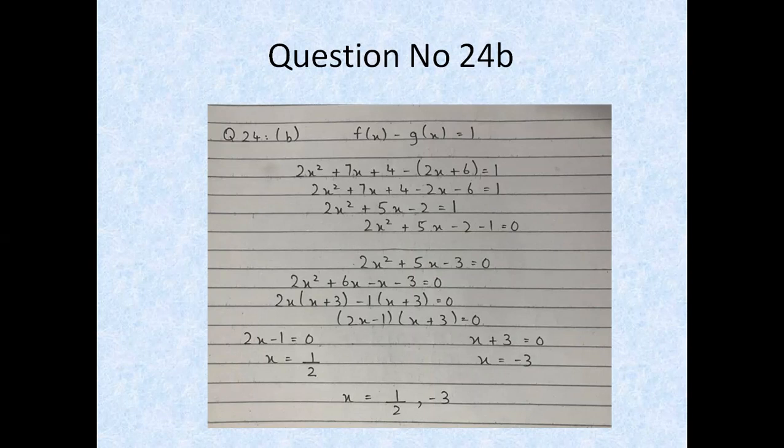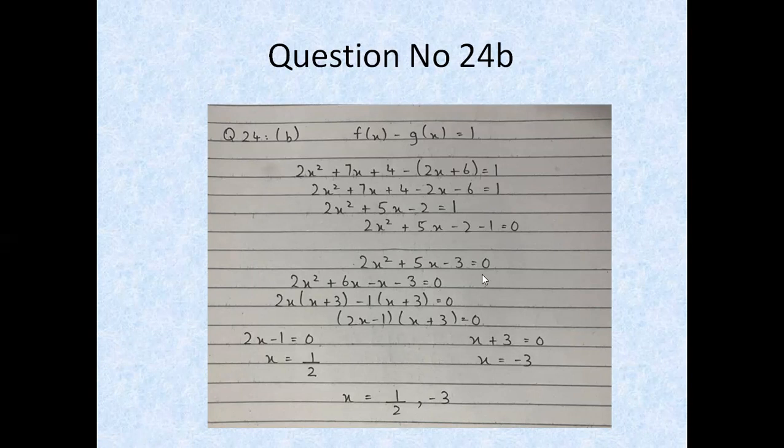So I will open that bracket. Because of that negative sign, the signs will change. So you will have 2x squared plus 7x plus 4 minus 2x minus 6 equals 1. Then you will have 2x squared plus 5x minus 2 equals 1. So 2x squared plus 5x minus 2 minus 1 equals 0.